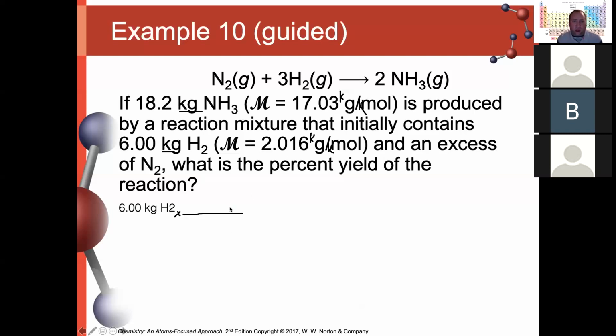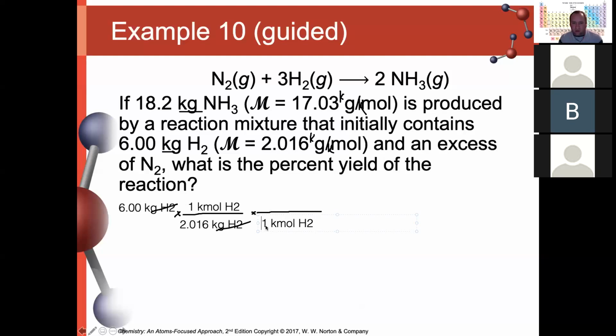So for hydrogen, it was 2.016 kilograms of hydrogen for 1 kilomole of hydrogen. That gets our kilograms of hydrogen to cancel out.